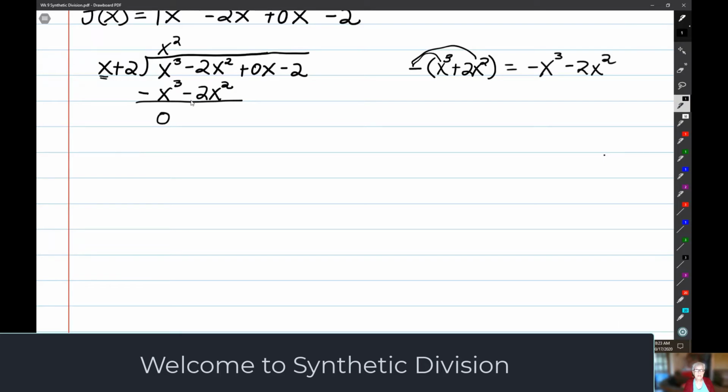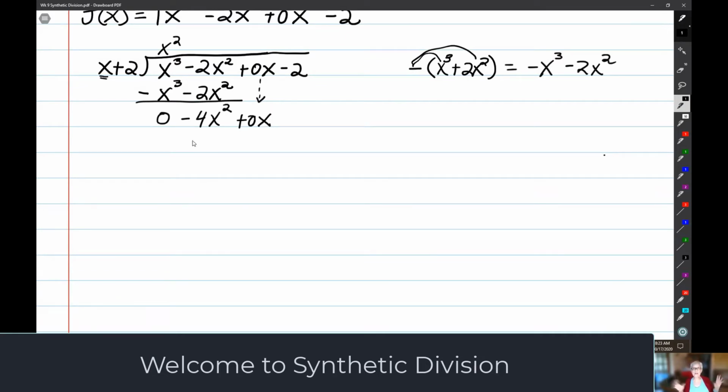Negative 2x squared minus 2x squared, or negative 2x squared plus negative 2x squared, is negative 4x squared. And then I bring down the next term, plus 0x. And this is why I need the placeholder.